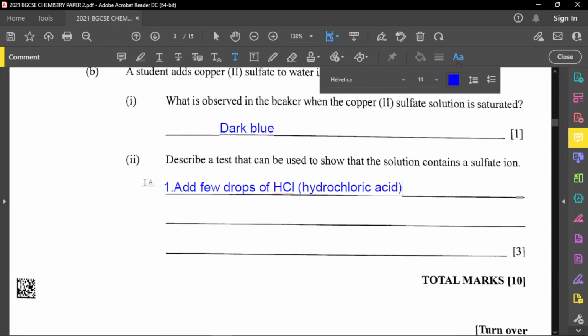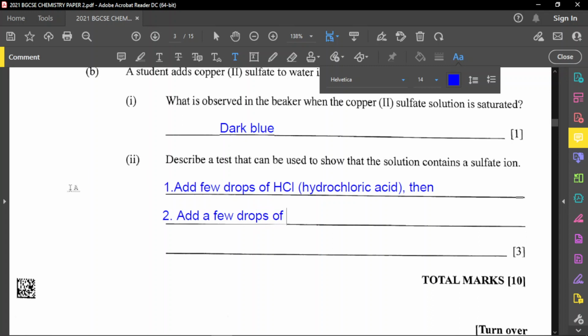So you're going to add a few drops of hydrochloric acid, and then you go to 2, and it's 3 marks. You're going to add a few drops of barium chloride.